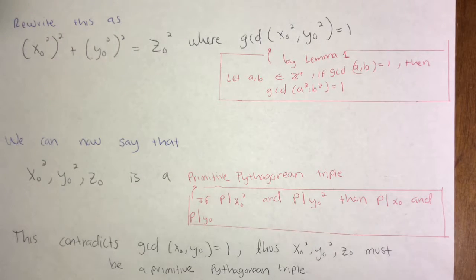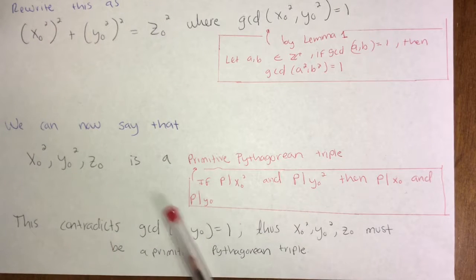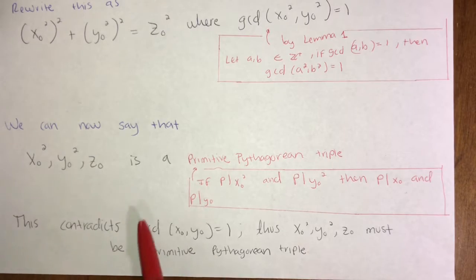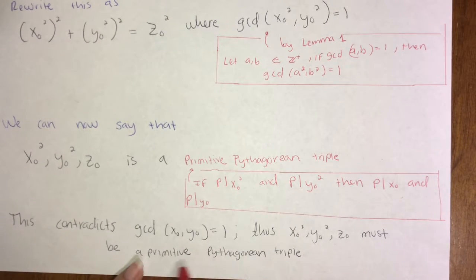In other words, if a number divides the square of a number, then it divides the number itself. Now this contradicts the GCD of x sub 0, y sub 0 equaling 1. Thus, x sub 0 to the second, y sub 0 to the second, and z sub 0 must be a primitive Pythagorean triple.